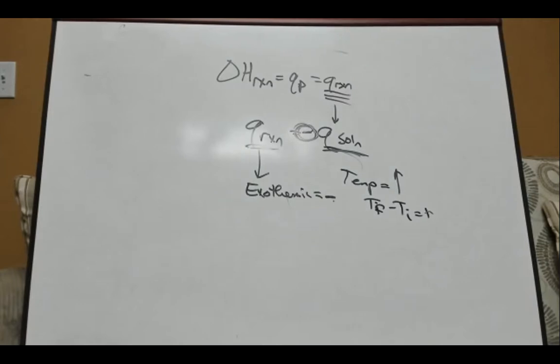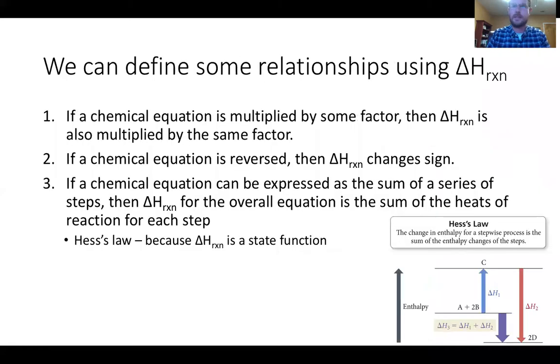Now, Q, we're going to solve it the same way we solved it before, where it's equal to the mass of the solution times the specific heat of the solution times the change in temperature in Celsius. And so we'll be able to tell a variety of different things when we do a coffee cup calorimeter. What's another way we can calculate delta H?